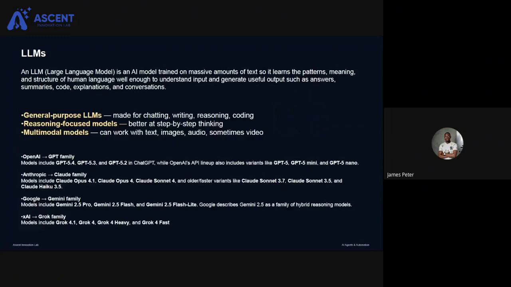So it learns patterns, meaning, and structure of human language well enough to understand input and generate useful output, such as answers, summaries, code, explanations, and conversation. Working with a lot of agentic systems or almost all automation systems, this is one of the most basic things that you need to know.